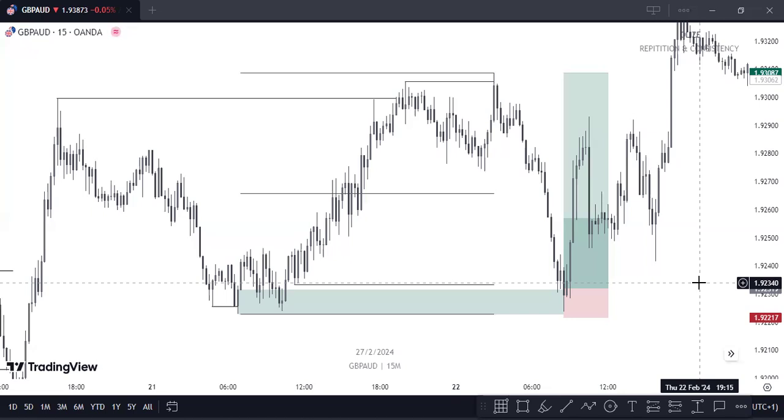I started my analysis from the higher time frame. You are not meant to start your analysis on the lower time frame. That's why it's called top-down analysis. You go from your higher time frame to your lower time frame. For example, boss, can you scale this particular trade to 1 hour and see how it presents itself?